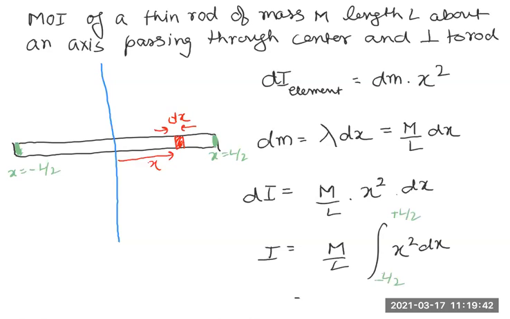This will give us I is equal to m by l into l cube by 3 minus l by 2 plus l by 2, which will be equal to m by l into l cube by 12, which is equal to ml square by 12.